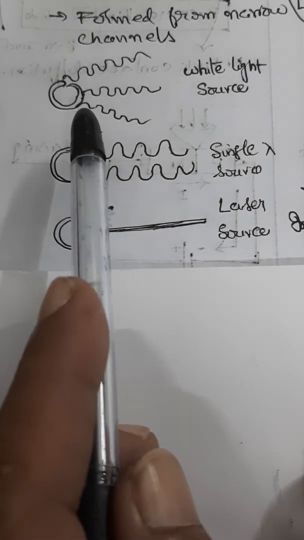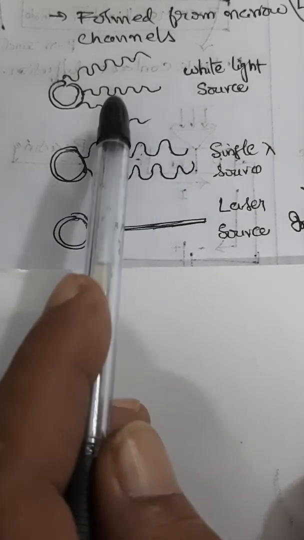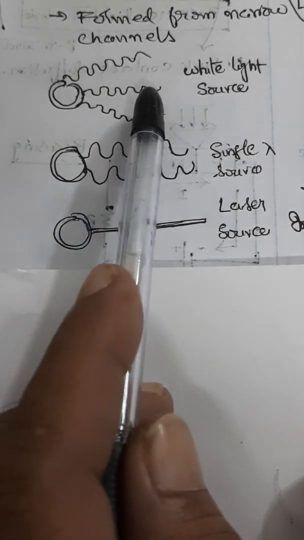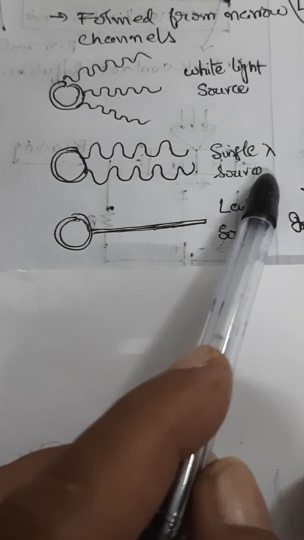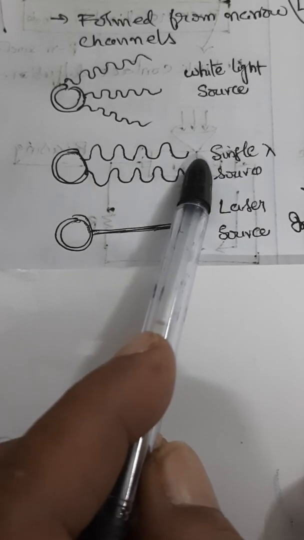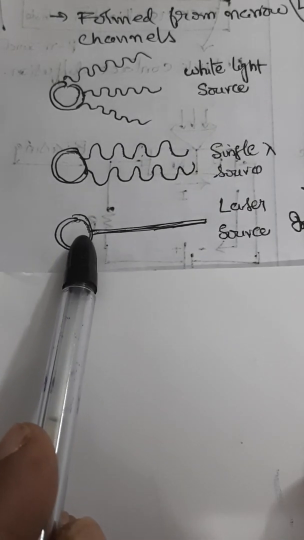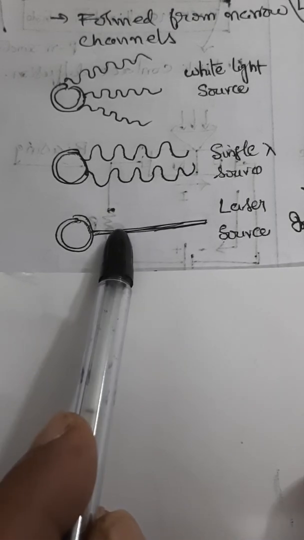In the case of white light, the source propagates light waves like this. Whereas in the case of a monochromatic source of light, this is how the propagation of light is going to be. Whereas in laser, it is very much focused. This is how sources can be understood.